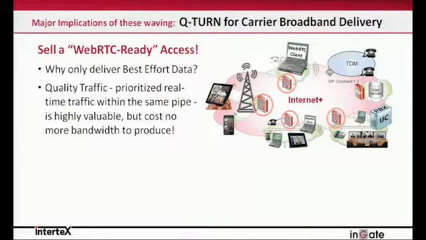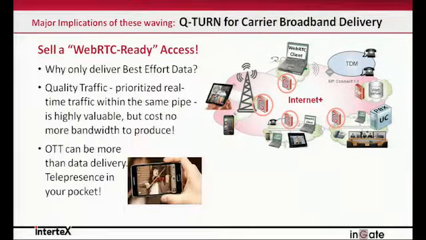You can sell a WebRTC-ready access. And OTT, I think that's the mobile world's name for internet, is today only best effort data, do whatever you want. Now you can actually also give quality to OTT. You can get telepresence quality in your pocket.